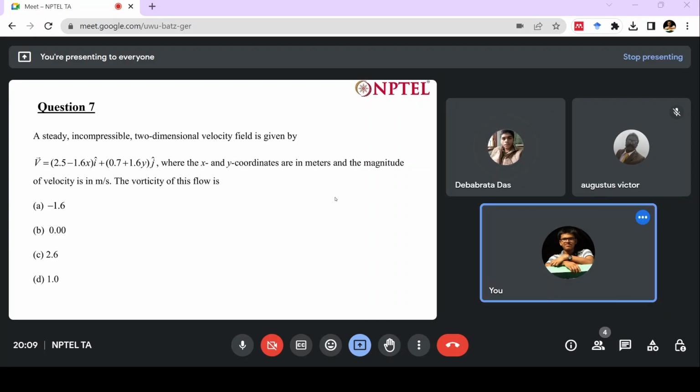Okay, same velocity field. The question is different. The question is now vorticity. What is the vorticity of this field? Vorticity also we know, this is del v del x minus del u del y. Just have to find out this. Tell me what this will be.